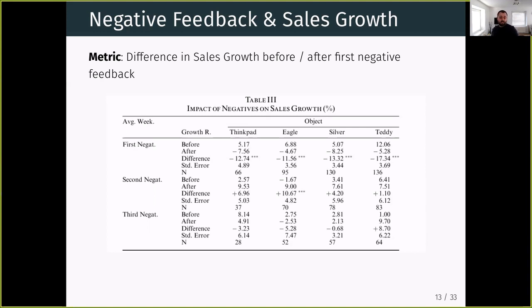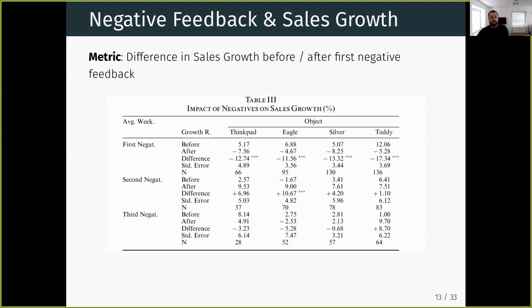That's really large. So before, they were growing at 5.7%. And then after they get their negative one, their sales are growing by minus 7.5%. It's a really big change and strong evidence that negative feedback has impacts on sales and sales growth.